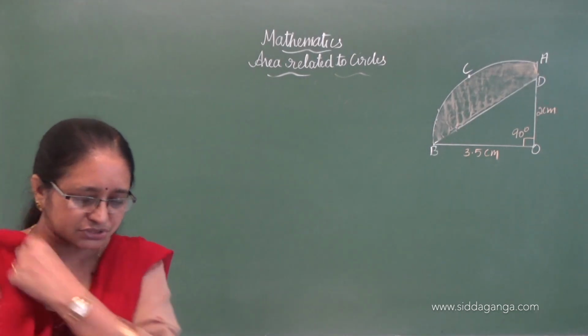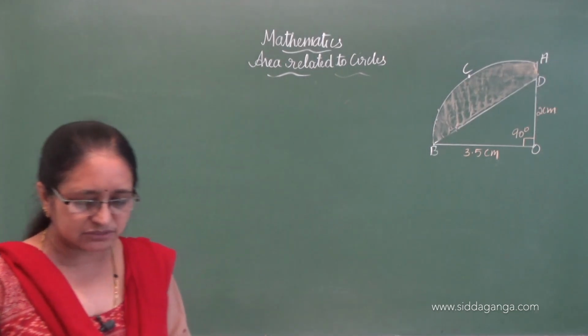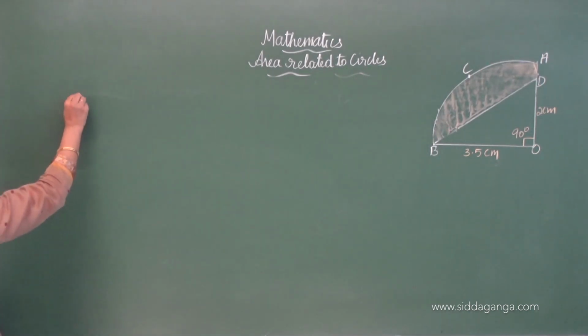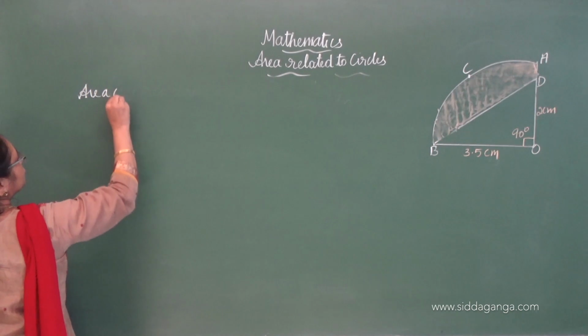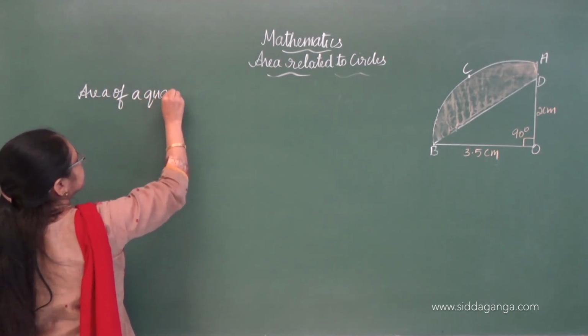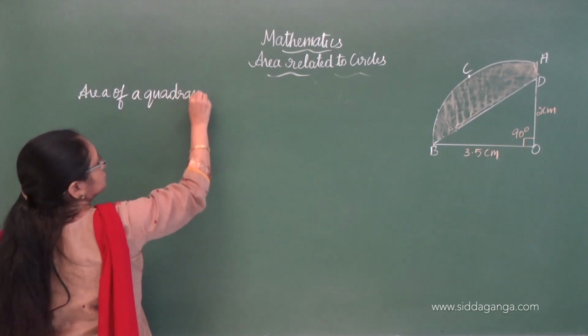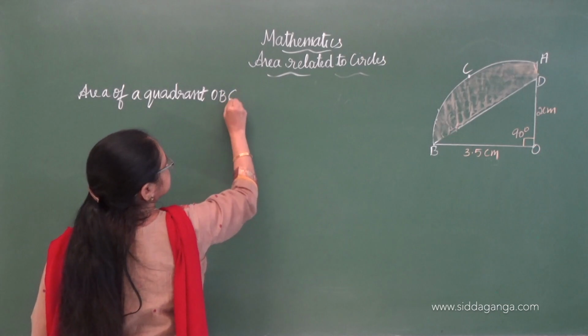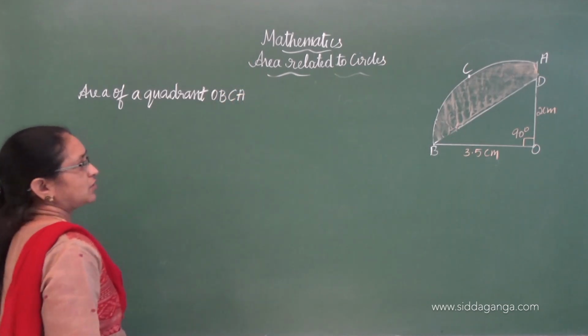Okay, now first question, quadrant. They have asked you to find out the area of the quadrant, okay? So let us find out the area of a quadrant, OBCA, area of the quadrant.